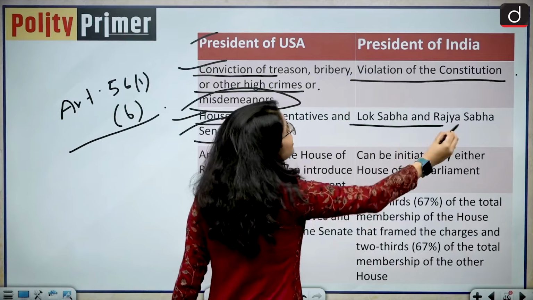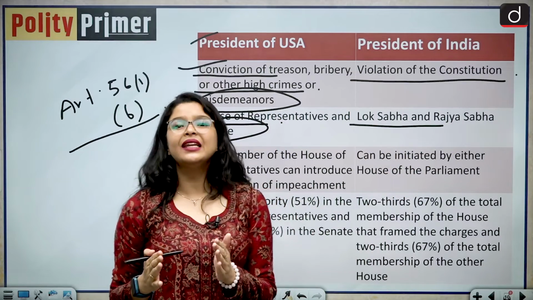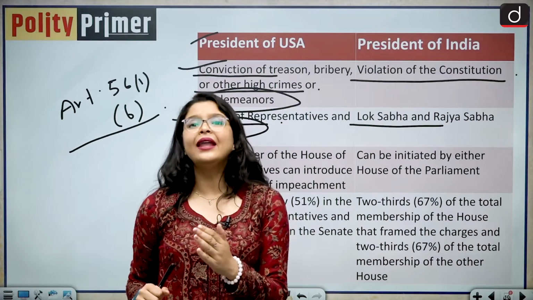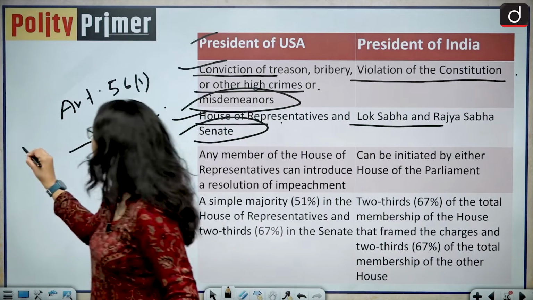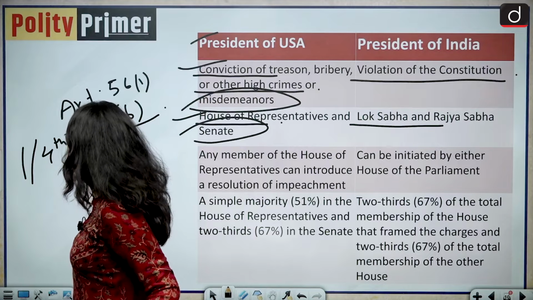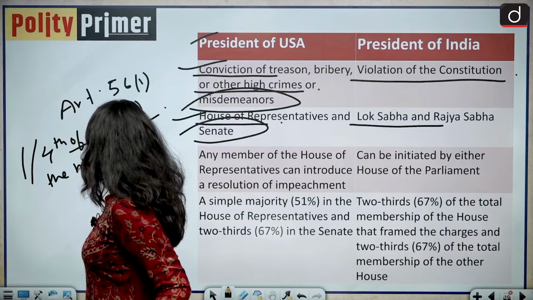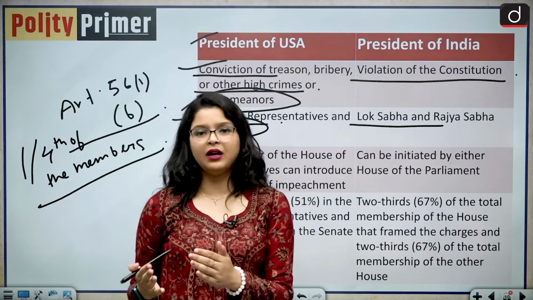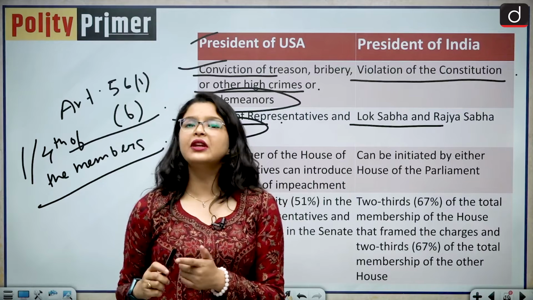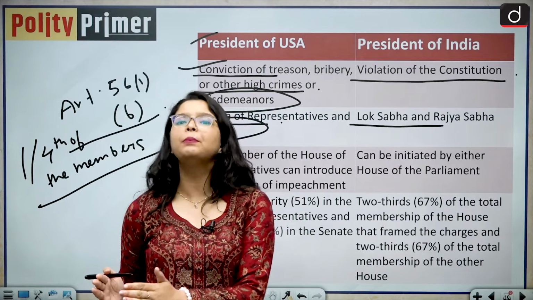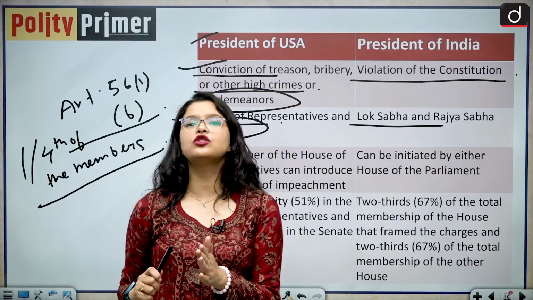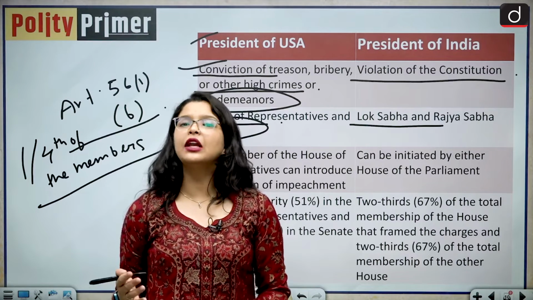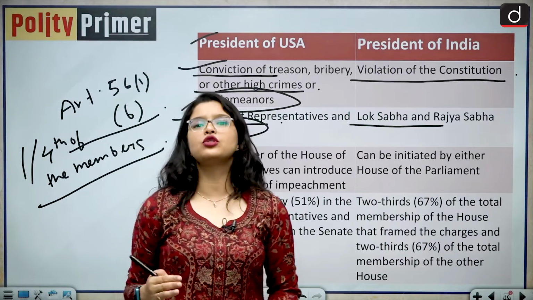On the other hand, in the case of the Indian President, the charges can be initiated in either House of the Parliament, that is the Lok Sabha or the Rajya Sabha, and the charge should be supported by 1/4 of the members in that House in which the charge is originally initiated. Okay, so this is a difference between the power to remove or power to impeach. In the USA, it lies in the hands of the House of Representatives and the Senate conducts the trial. On the other hand, in the Indian scenario, the power lies with both the Houses of the Parliament.